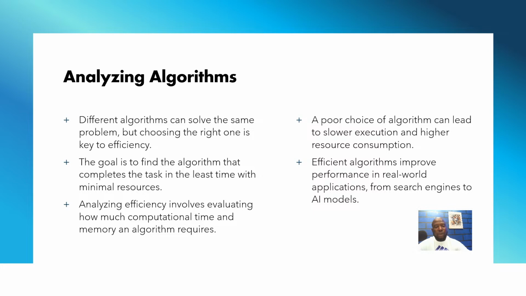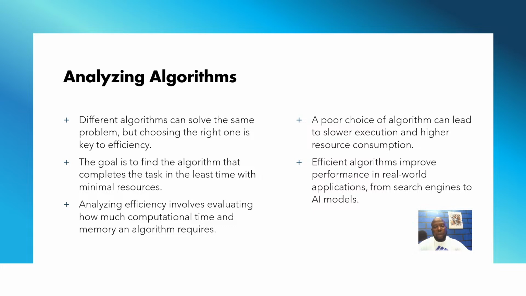When we're talking about efficiency, just like the example I gave about cooking for 5 hours and cooking for 2 hours, the goal is to have an algorithm that takes less time with minimal resources. And when we're talking about resources, we're talking about memory and computer storage.